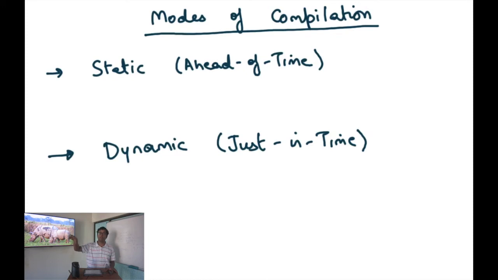And then somewhere in the middle is just-in-time compilation, which would start by interpreting, but in the middle we'll decide that, okay, this part of the code is really executed a lot and interpreting is really slow, so let's compile it on the fly, right, as I'm running it. And so because we are just compiling the program on the fly at the time of running, we call it just-in-time compilation, just in time of execution.